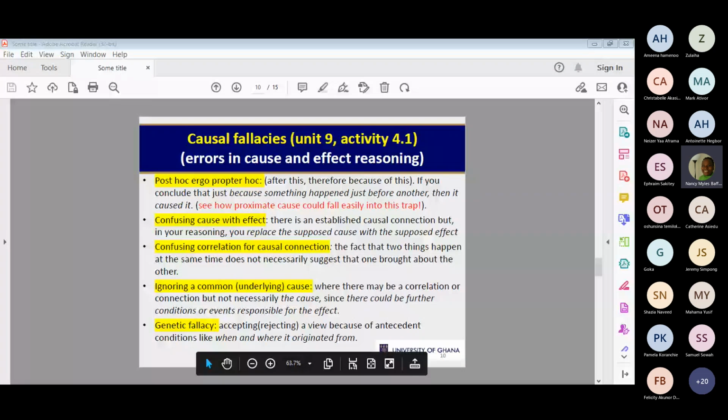Hello, madam. Hello, sir. Please, for the concomitant variation, do you necessarily have to, let's say, increase the suspected condition? Okay, so you apply it when you already suspect one.